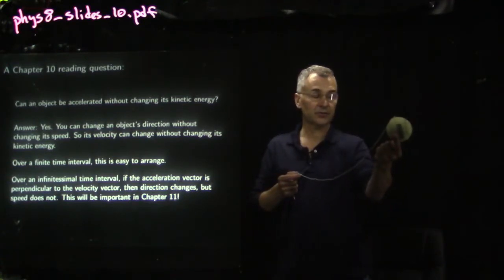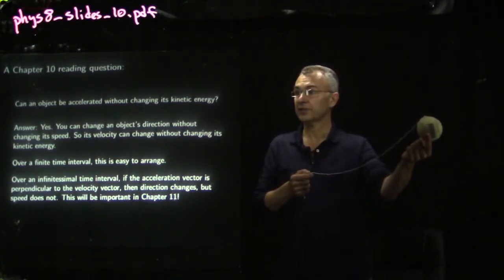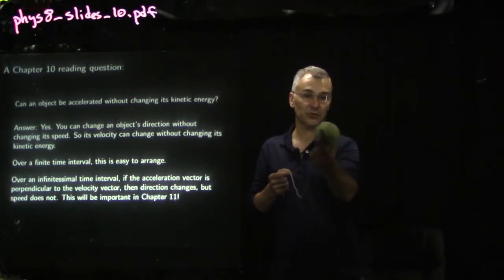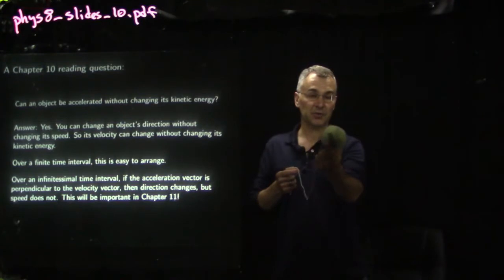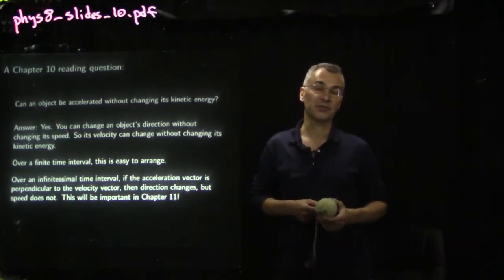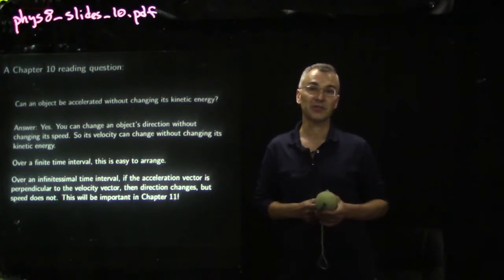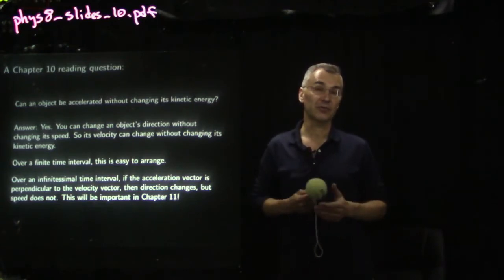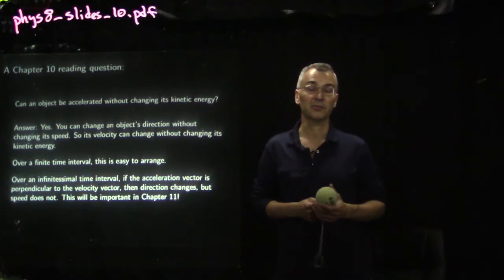So in that case, you can change the object's velocity. In other words, you can accelerate the object, but without changing its kinetic energy. So remember, acceleration is change in velocity, and velocity is a vector. So if you change not only the magnitude, the speed, but if you change the direction of the velocity vector, that counts as acceleration. So bear that in mind.